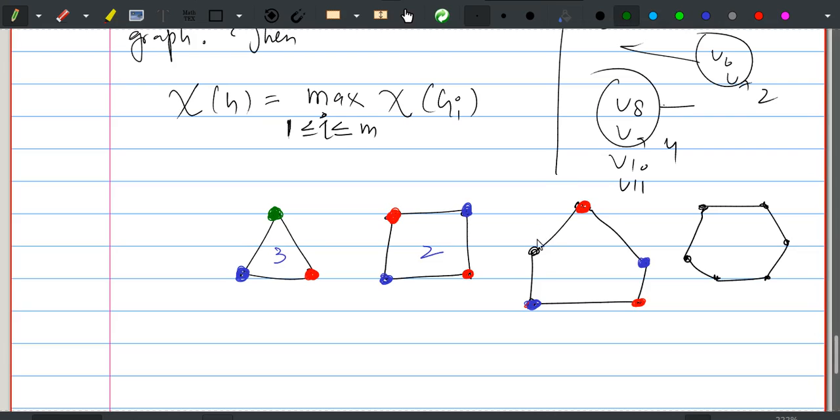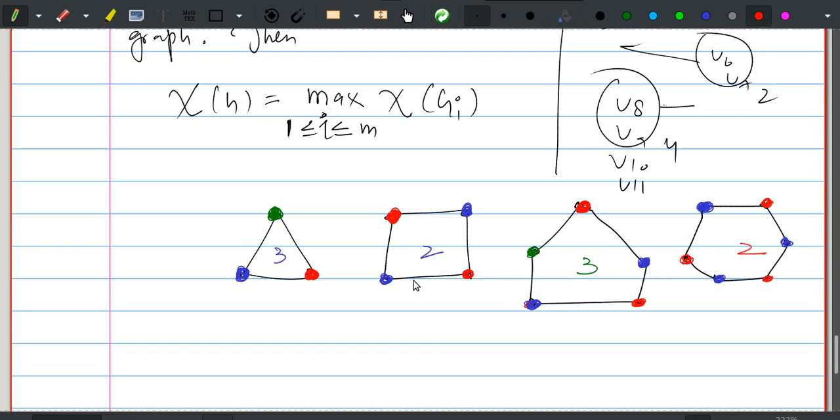So let us pick the color green. So the chromatic number will be 3. Now for this graph we can color this vertex with blue, this vertex with blue, and this with blue, and this with red, and red. So the chromatic number will be 2.